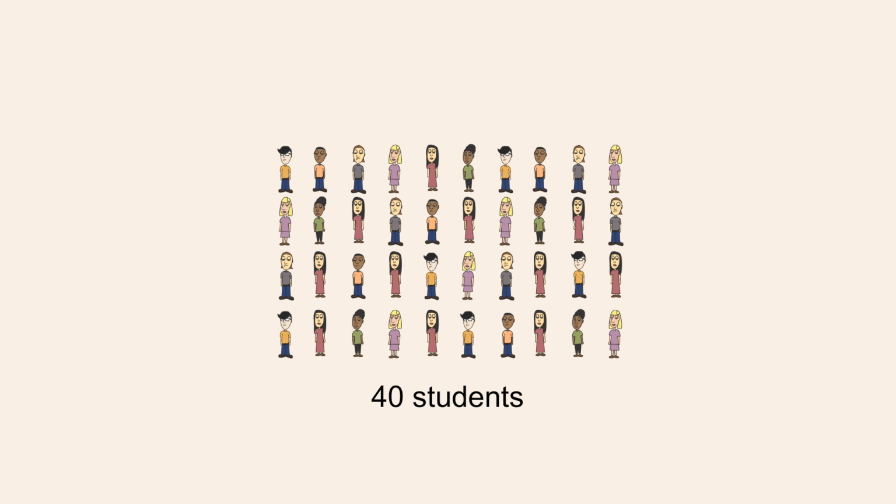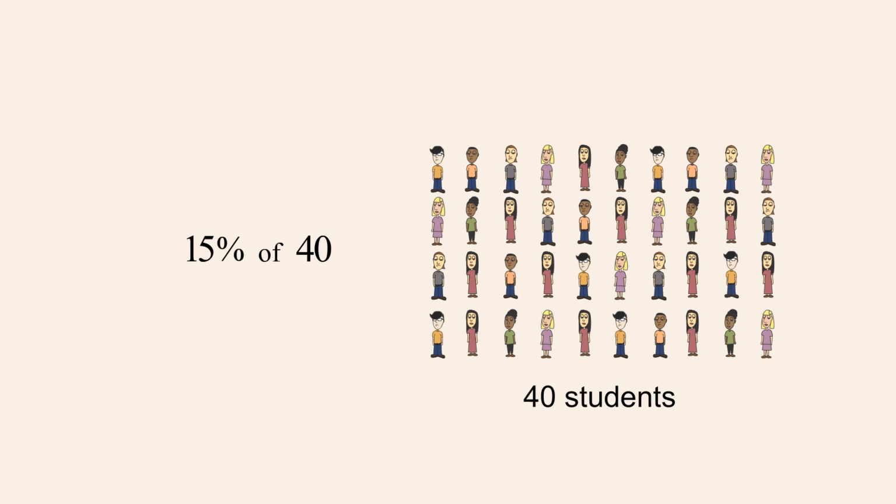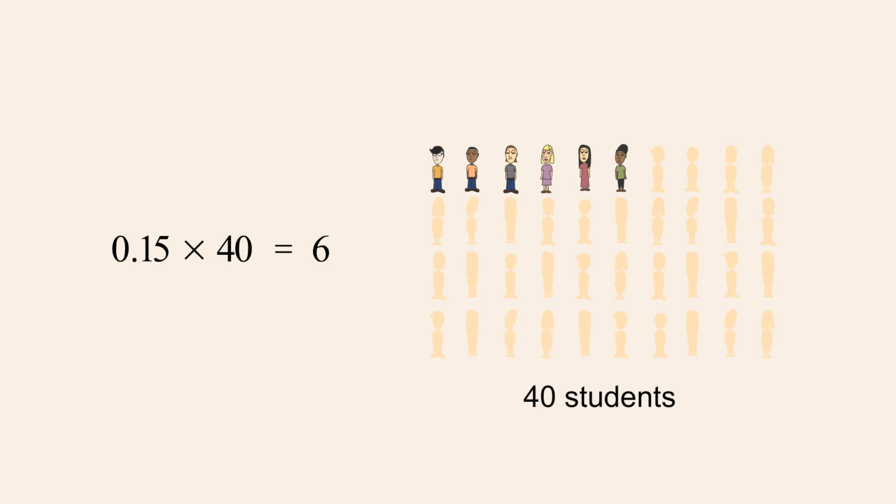We can find the number of students who received an A by calculating 15% of 40. To do this, we multiply the decimal equivalent of 15%, 0.15, times the size of the class, 40. The result is 6. So 6 students received an A.